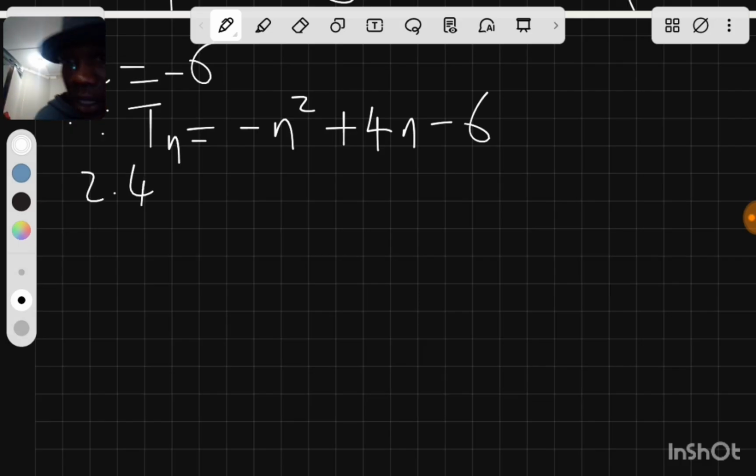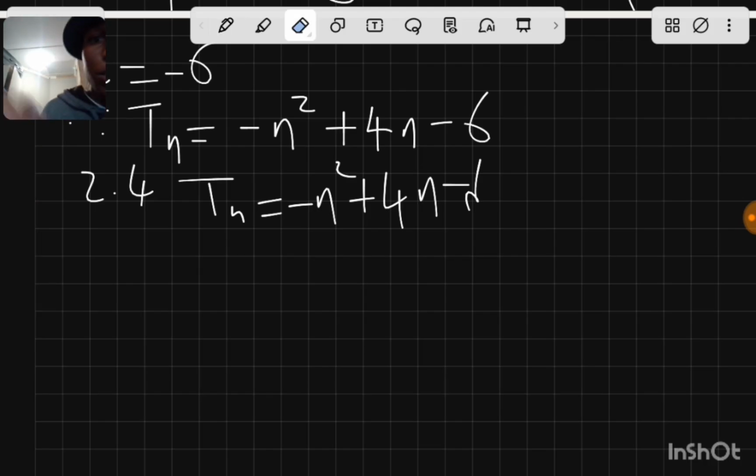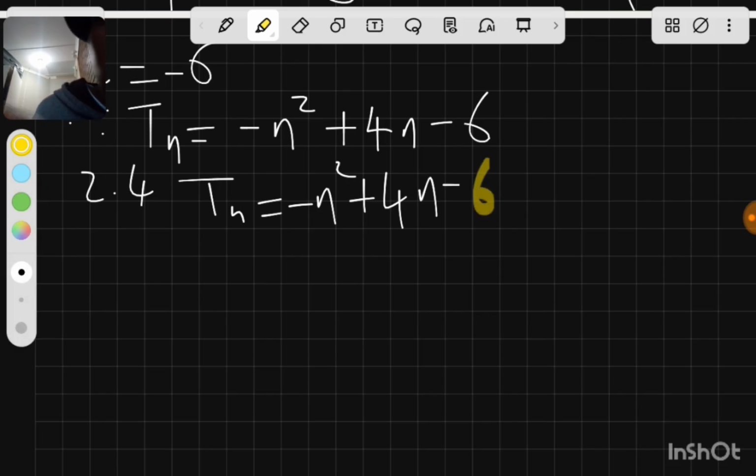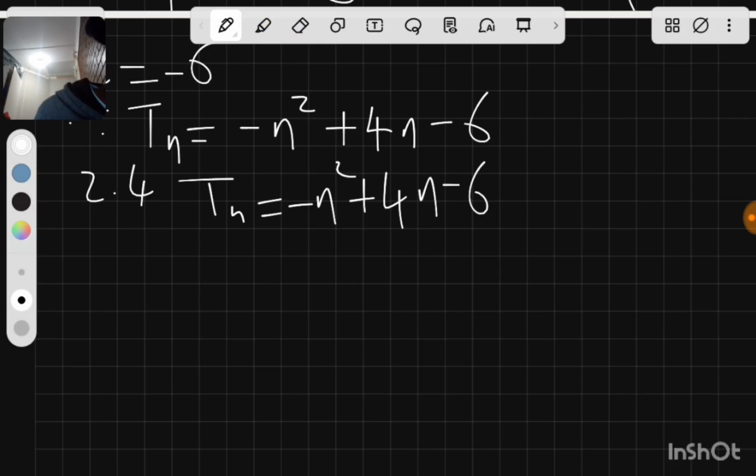Okay, we're taking it from Tn is equal to minus n squared plus 4n minus 6.